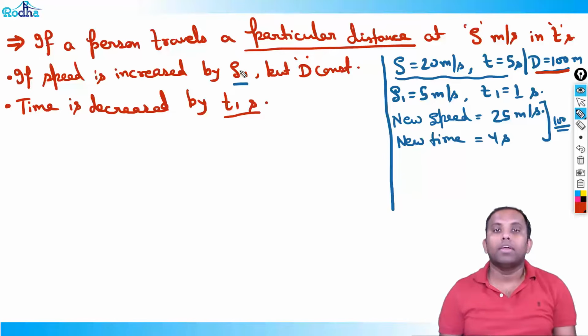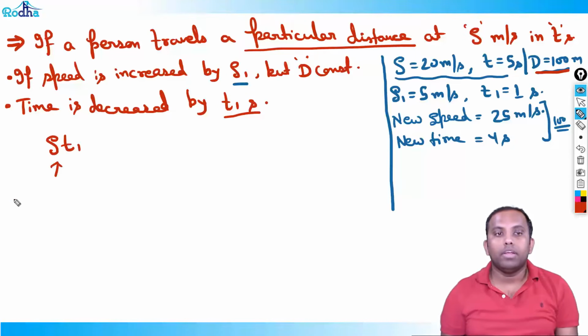But if time is decreased by t1 seconds, and if speed had not been increased, let's take that case. Time is decreased by t1 seconds, but speed is not increased. Then s into t1 should be the distance supposed to be decreased.